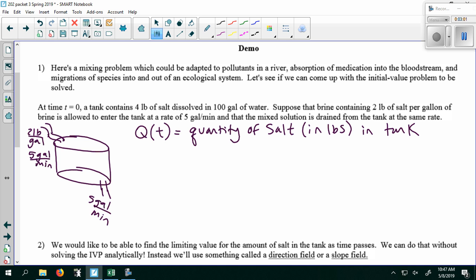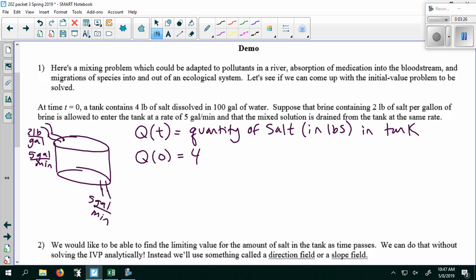And they told us that at t equals 0, how much salt is in the tank? 4 pounds. So that's my initial condition: Q of 0 equals 4. So I've done nothing with derivatives or a differential equation yet. I just defined the function that's going to be my ultimate solution to the differential equation, and an initial condition.